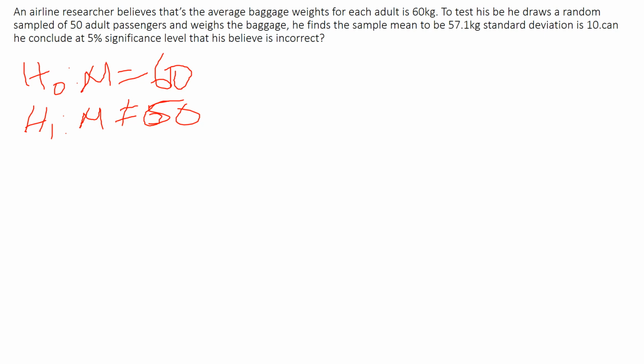Then the next thing that we need to consider is the level of significance. Remember here, according to the conclusion of the researcher, he concludes at a 5% significance level that the belief is incorrect.